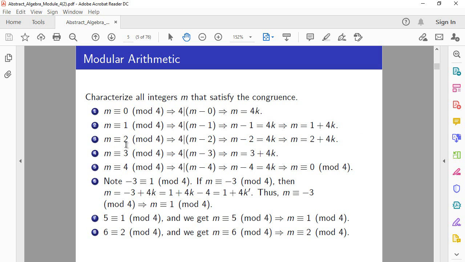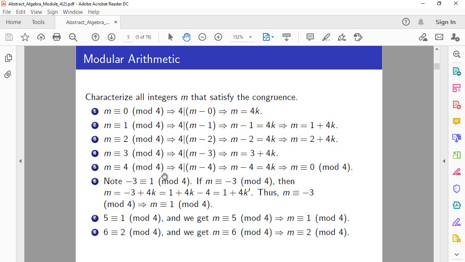What if m is congruent to 2 mod 4? Well, just like in the previous case, we see that 4 divides m minus 2. As a result, m minus 2 is a multiple of 4, and so m would be 2 plus a multiple of 4. If m is congruent to 3 mod 4, then m would be 3 plus a multiple of 4.